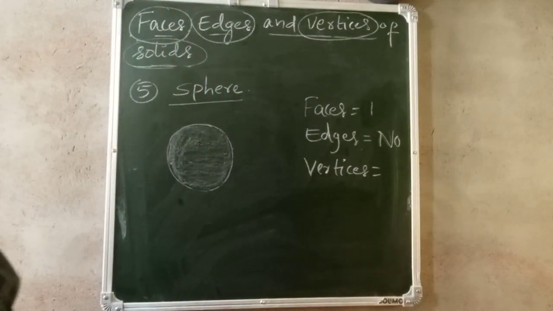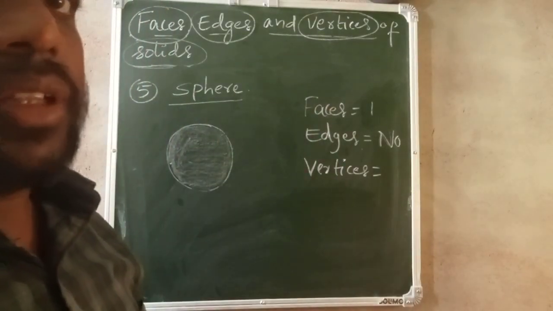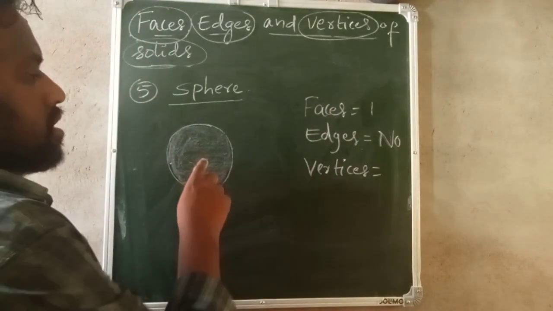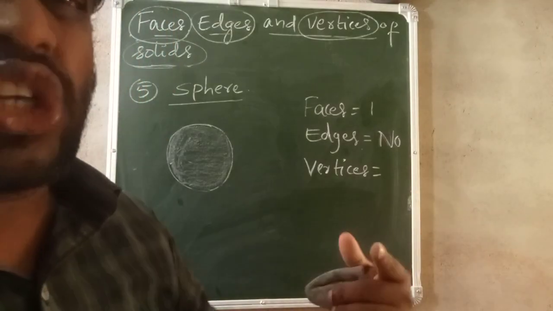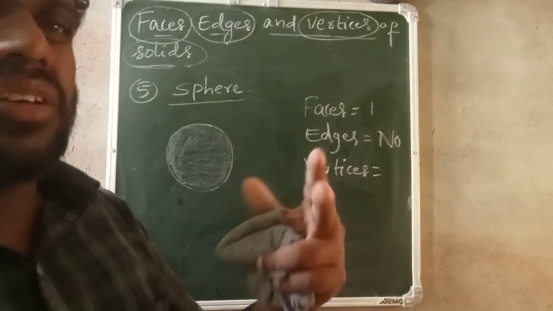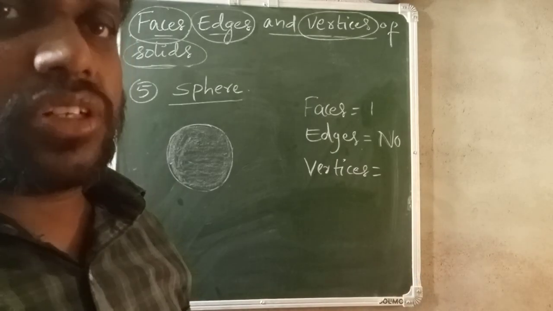Next, vertices means corner points, sharp points. But if you look at the ball, there are no such sharp points. It's a curve kind of thing, a rolling object.